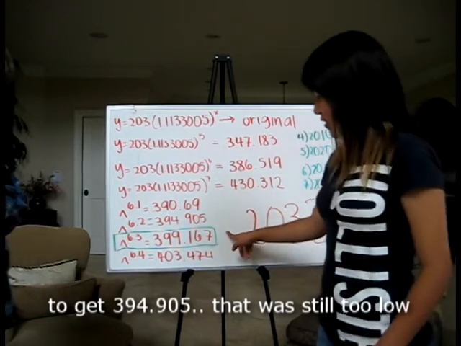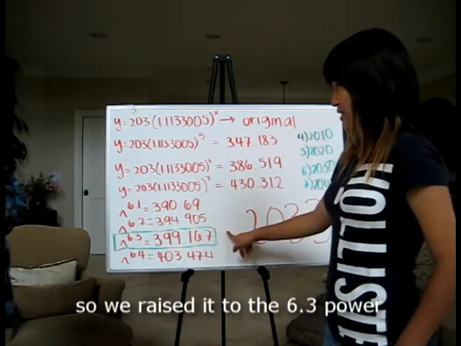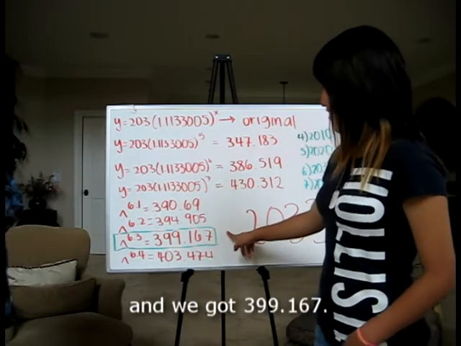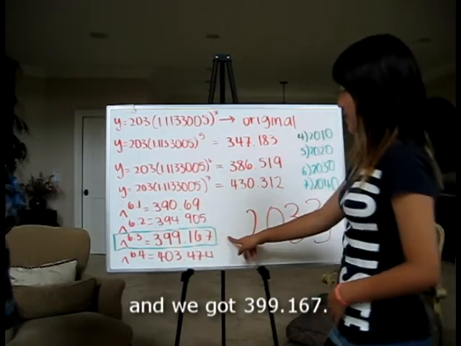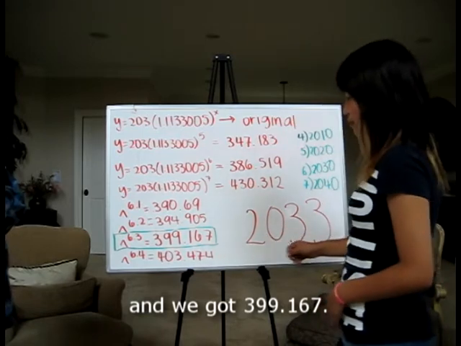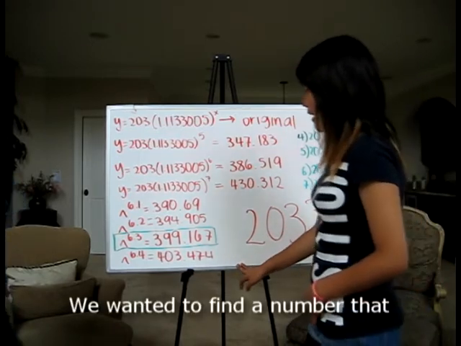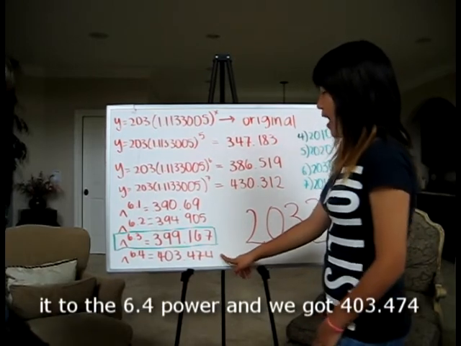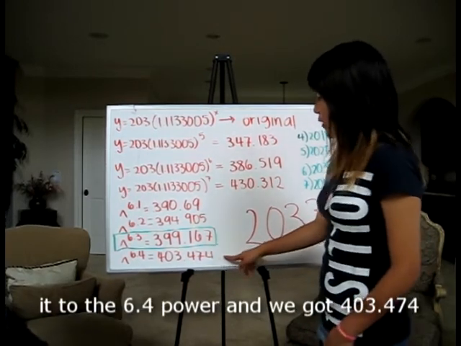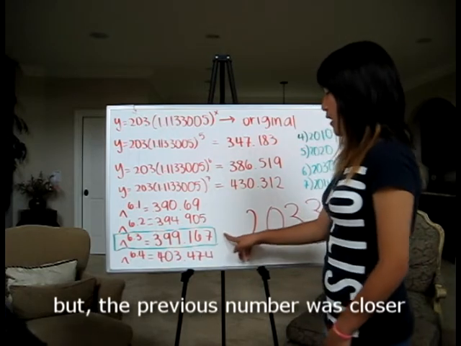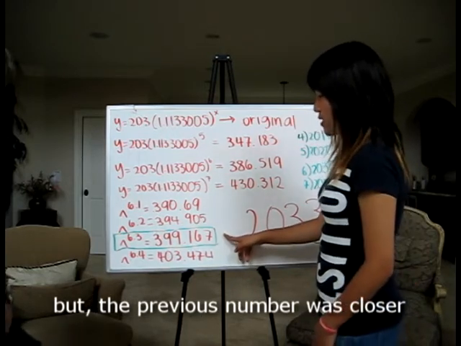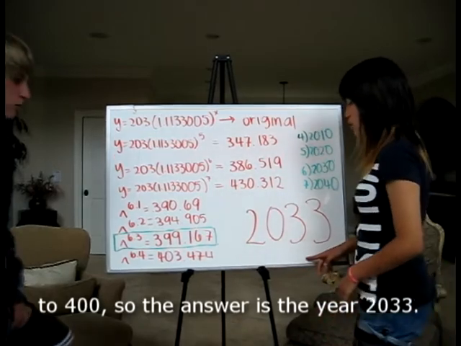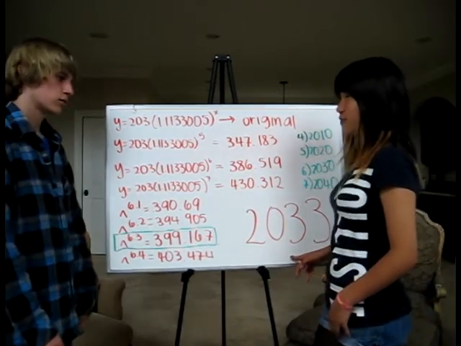That was still too low, so we raised it to the 6.3 power, and we got 399.167. We wanted to find another number that might have been closer, so we raised it to the 6.4 power, and we got 403.474. But the previous one was closer to 400, so the answer is the year 2033.